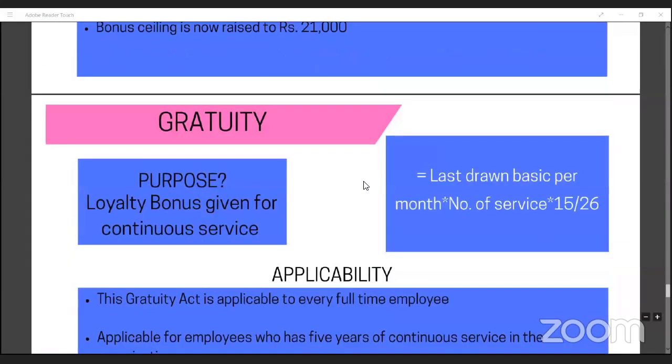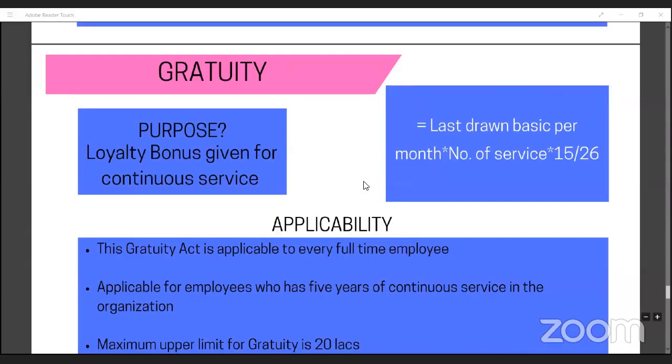So next we have gratuity. I think most of you have heard of gratuity. What I feel is that gratuity is more of a loyalty bonus. What is the meaning of loyalty, if you ask me?